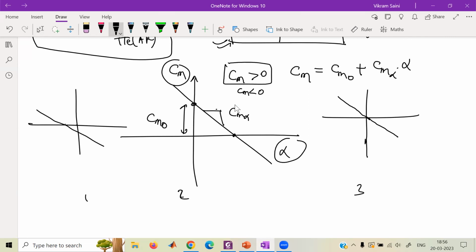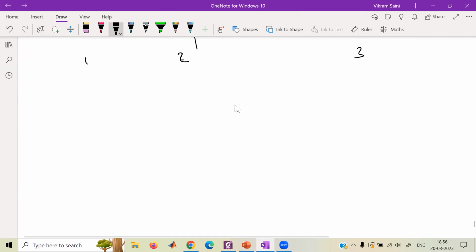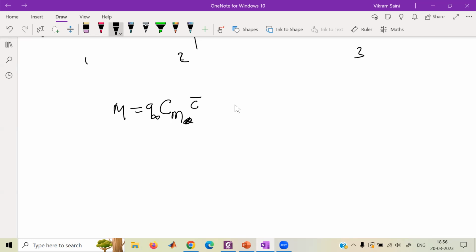How do you define moment? Moment is force into distance. That is okay, but in terms of Cm, you have dynamic pressure, Cm, then c bar, and surface area. That's how you define it, right?